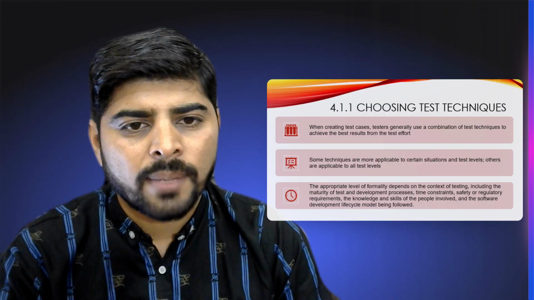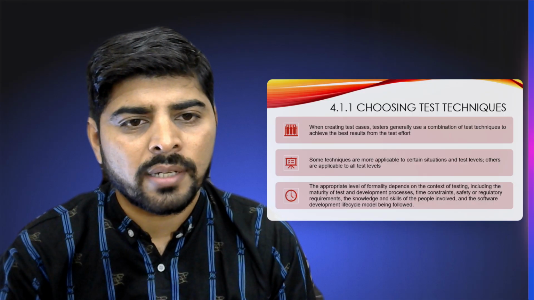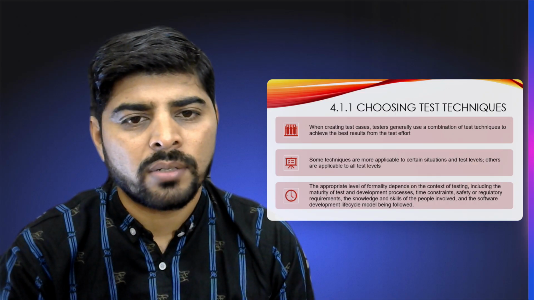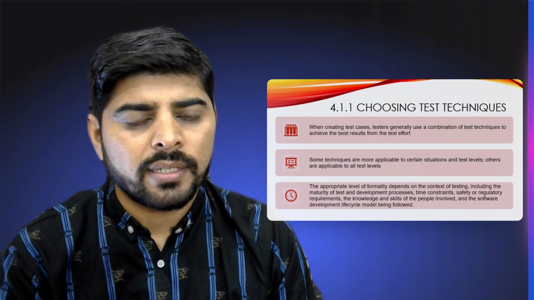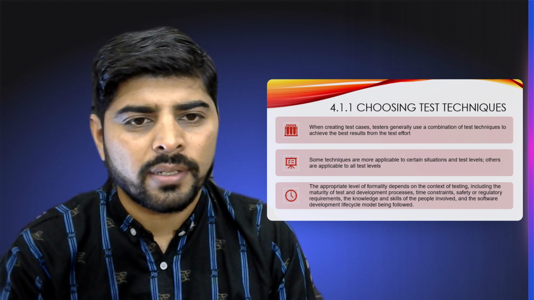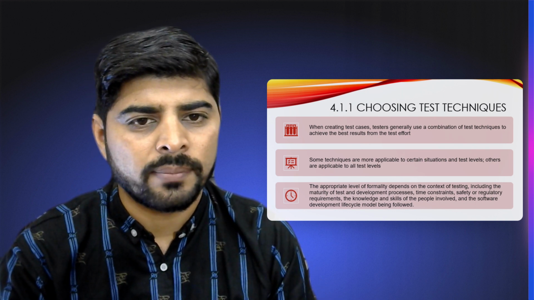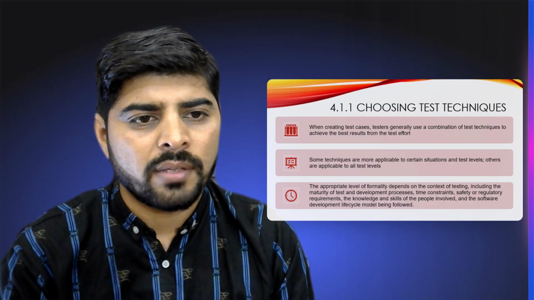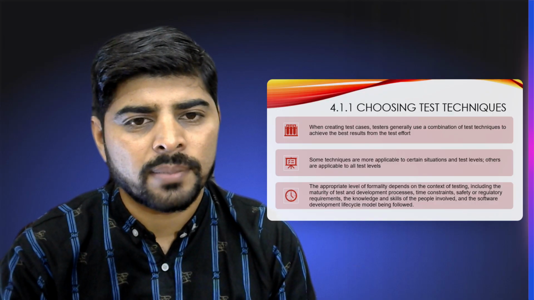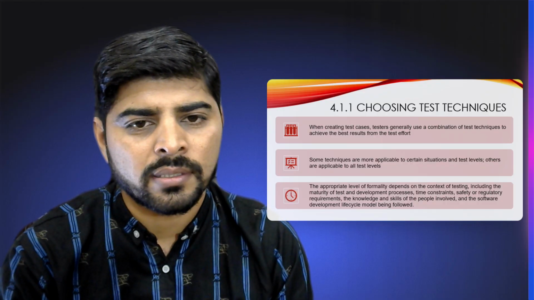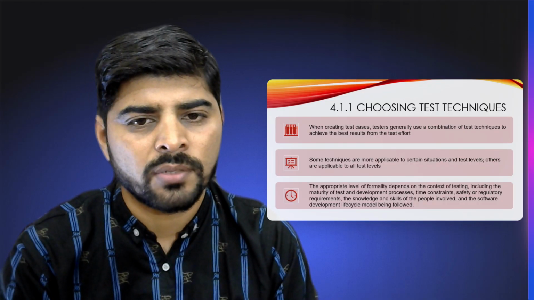Some techniques are more applicable to certain situations and test levels, others are applicable to other test levels. If we are at unit level, then white box test techniques will be more suitable because we are doing white box. If we are at a higher level, for example user acceptance testing, then black box test techniques will be used.